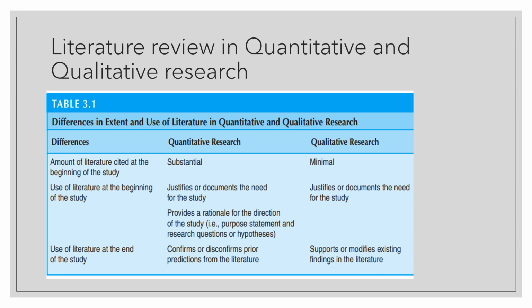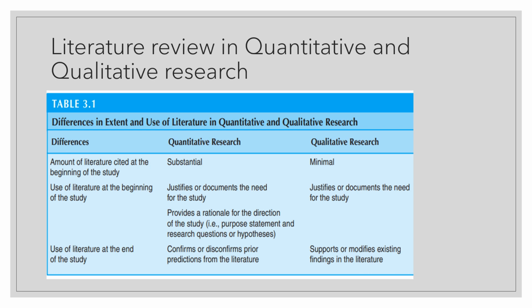And then the second one, use of literature at the beginning of the study. In quantitative research, it is used to justify or to document the need for the study. So in quantitative research, the literature is useful to justify the need for the study, why the quantitative research is needed.